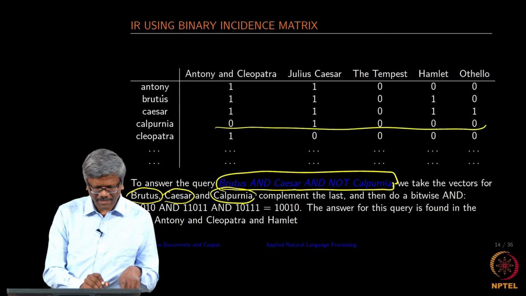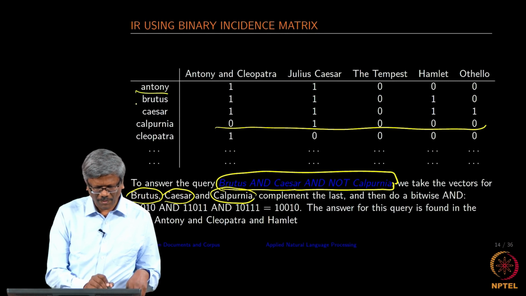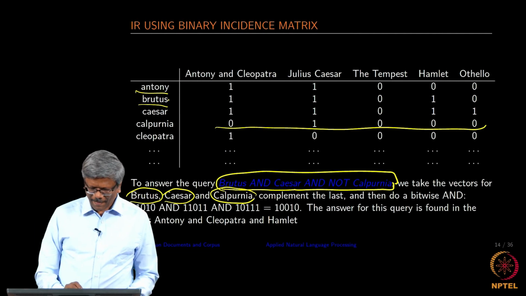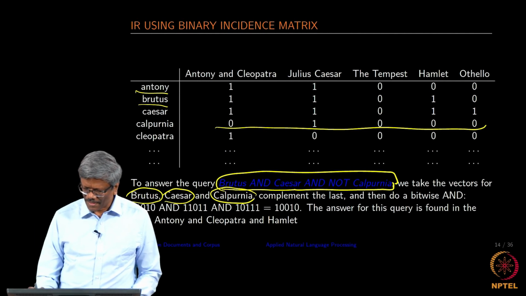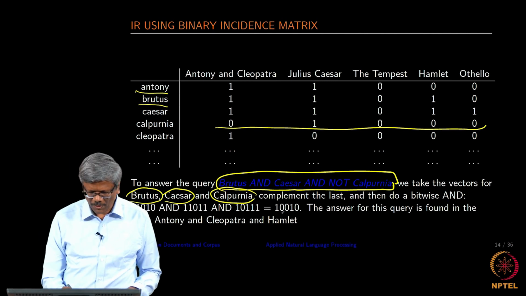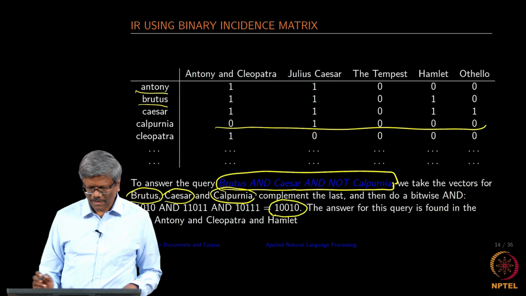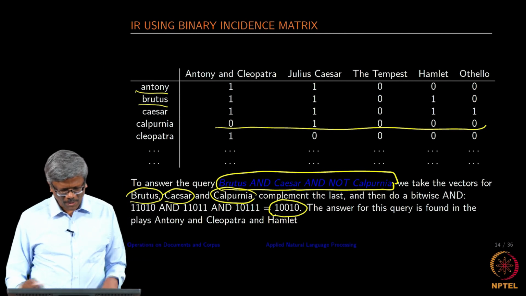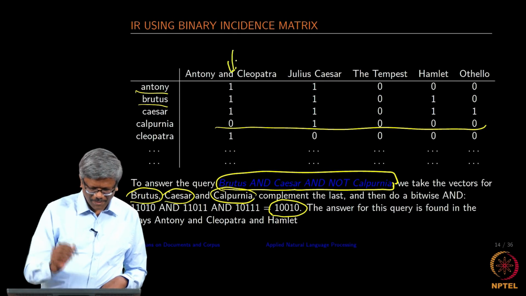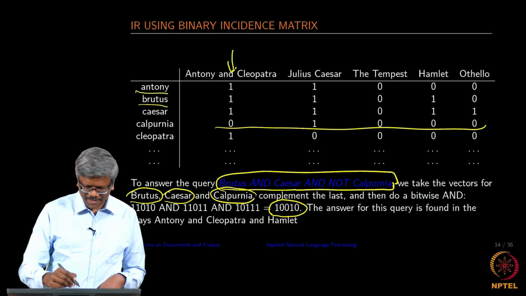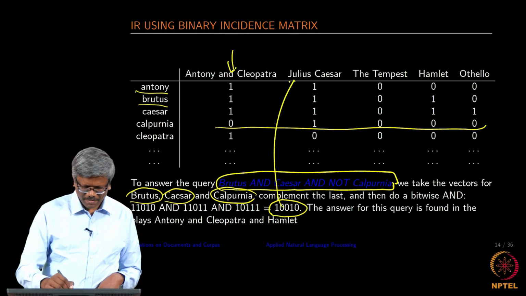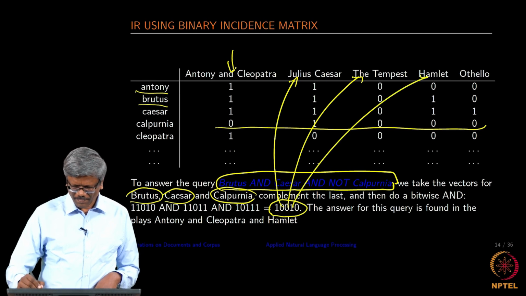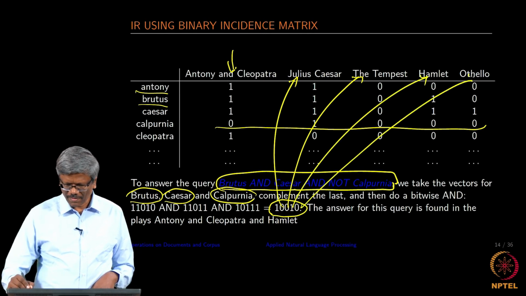You take the vector as is for Antony, as is for Brutus, complement Calpurnia, and then perform the operation. When you do a bitwise AND operation, what you get is 1 0 0 1 0. So, what does this represent? 1 represents this document, 0 represents this, and the last one represents this one, with yellow.